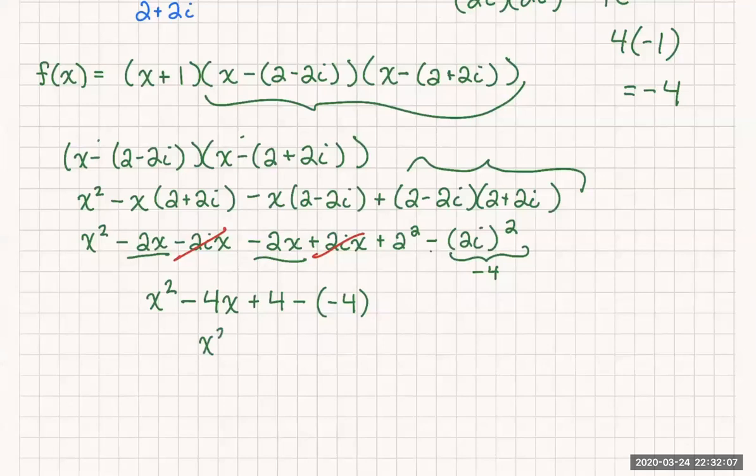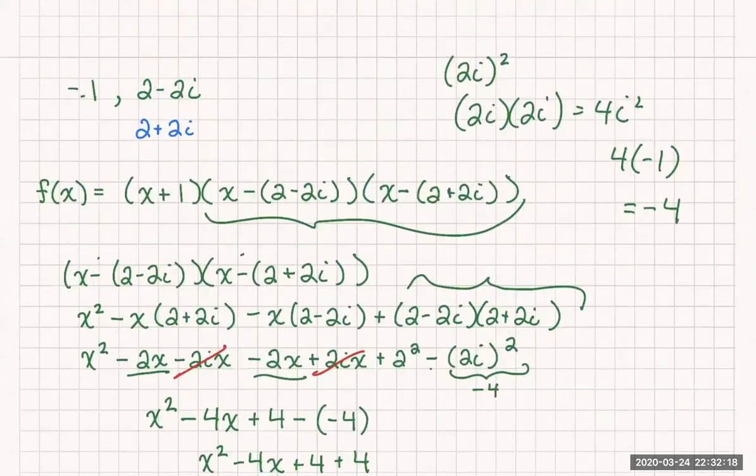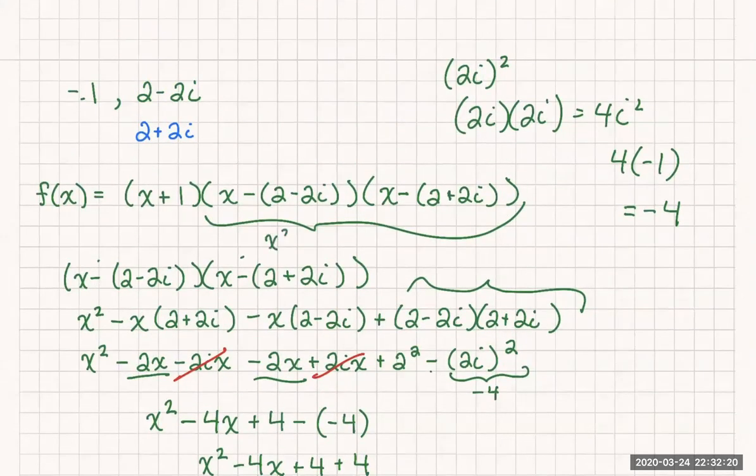So this gives me x squared minus 4x plus 4 plus 4, which is x squared minus 4x plus 8.